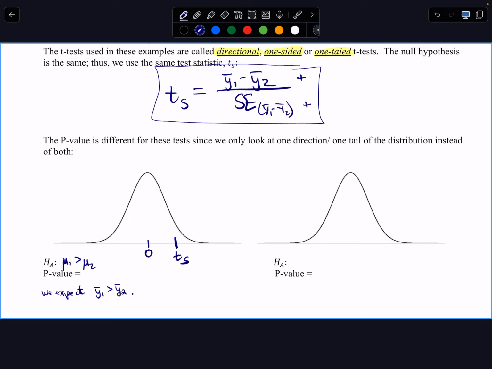And remember, your p-value is the probability of getting this test statistic or one that's more extreme. And more extreme would be in the greater direction. So my p-value is going to be this shaded area here.